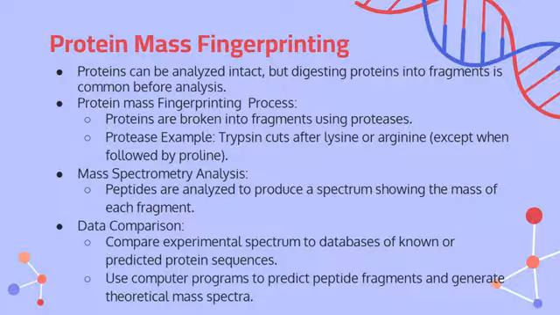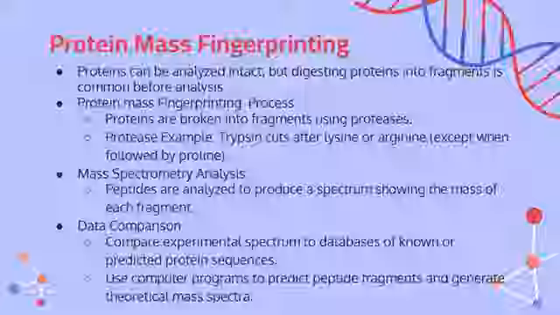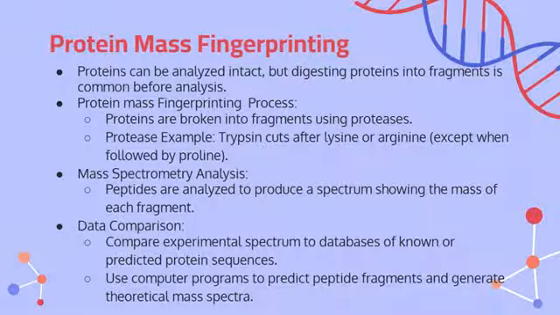A protease example would be trypsin. Trypsin cuts after lysine or arginine, except when followed by proline. And then we can take our broken down fragments of protein and run a mass spectrometry analysis.